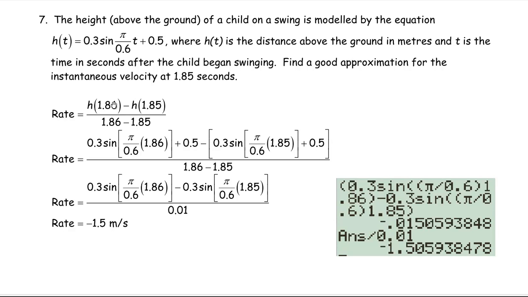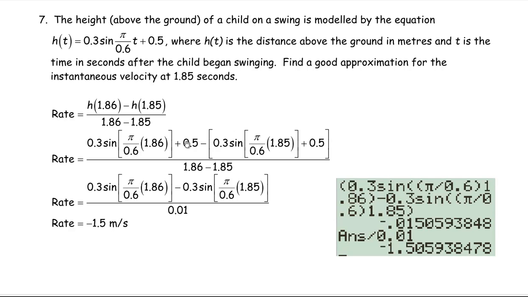So this would be the change in height and this is the change in time. Change in height divided by change in time will be the rate. And they're really close times. That's why we would call it an instantaneous rate, or a good approximation for an instantaneous rate. So h of 1.86, I would put 1.86 in place of time here, and then minus h of 1.85 in place of time here.